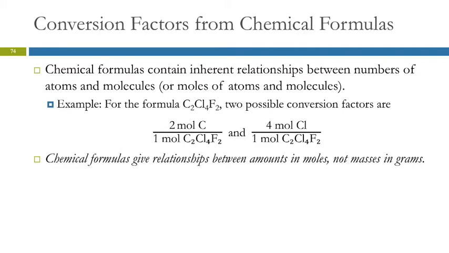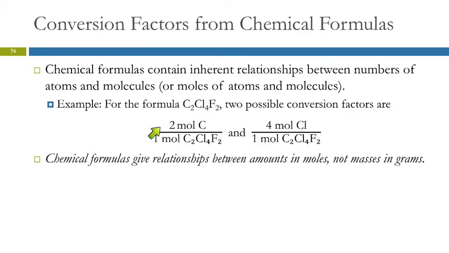We can also get conversion factors from the chemical formulas themselves. In the formula, though, instead of mass of this to mass of that, we have the relationship between moles of atoms or moles of molecules. So this formula for that Freon 112, C2Cl4F2.